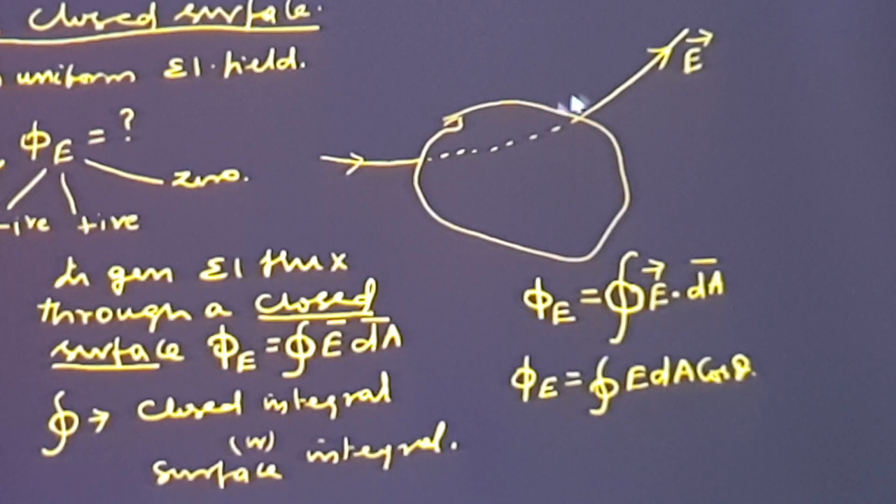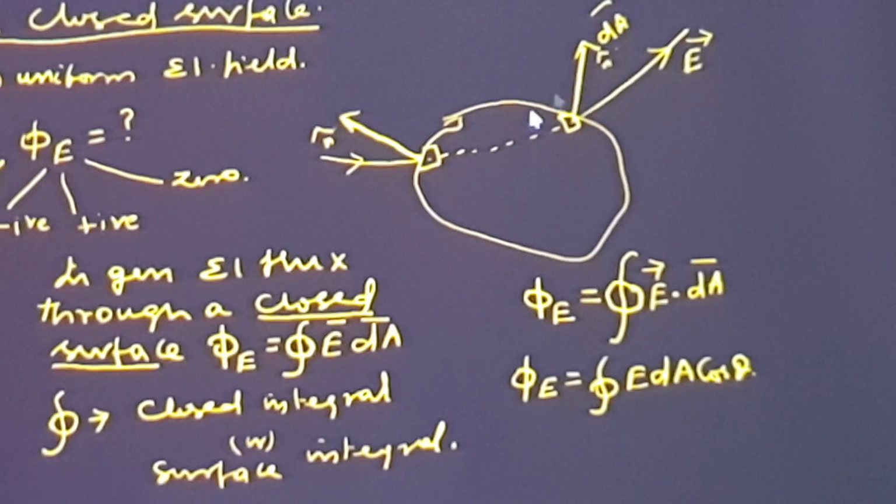In order to get this, I am considering two small areas in this closed surface. Here I am taking a small area, and similarly here also I am considering a small area. If I drop a normal here, it will be along this direction, n cap, or dA vector. If I drop a normal here, it will again be along this direction, dA vector or n cap.